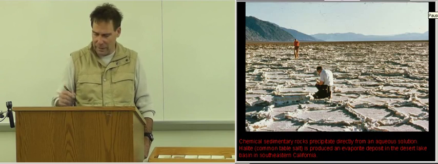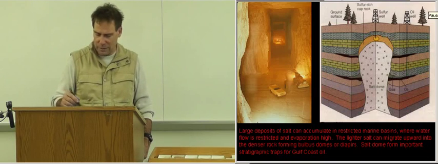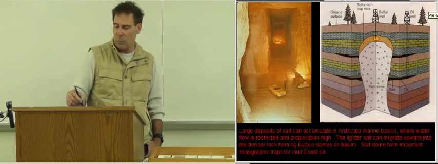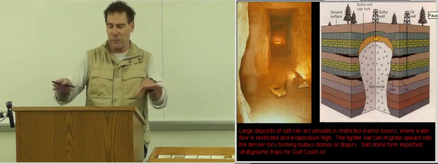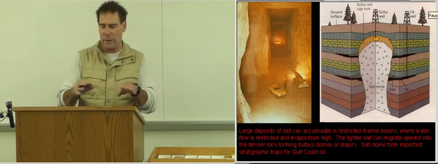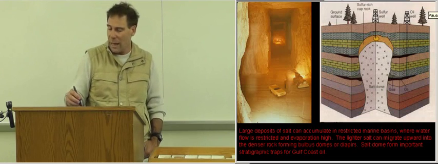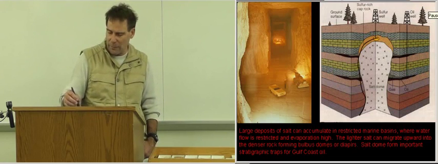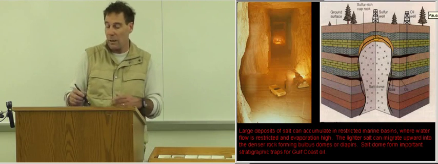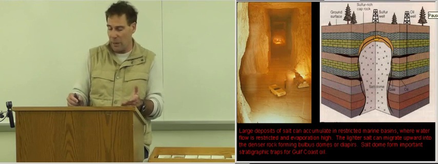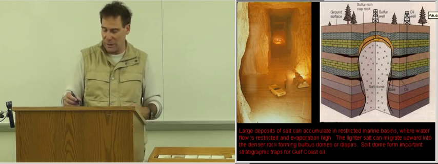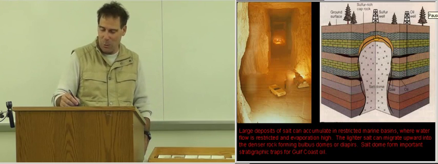Where do salt deposits form? Clearly, we can have salt deposits form where you have initial rifting of continents and shallow ocean basins. You can get evaporite deposits, and eventually those evaporite deposits over time can form salt diapirs along continental margins. And the reason this is so important is because this has an economic significance.